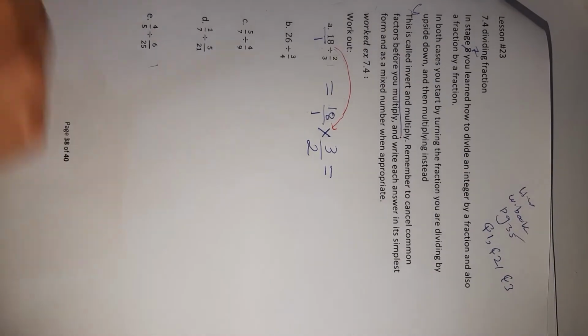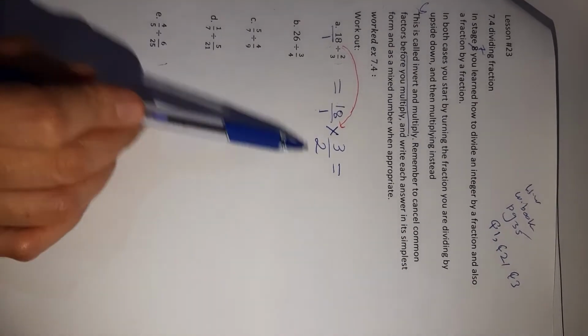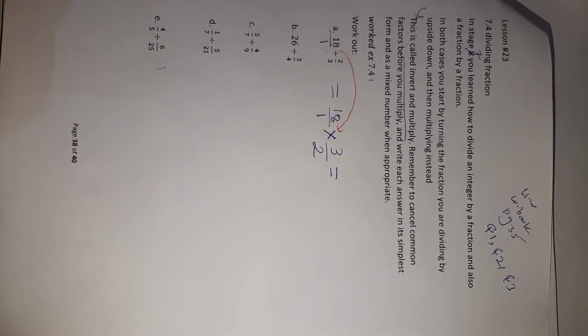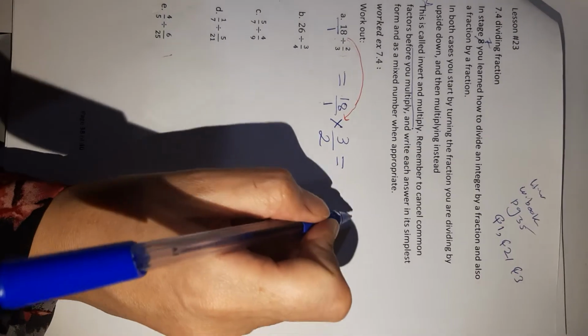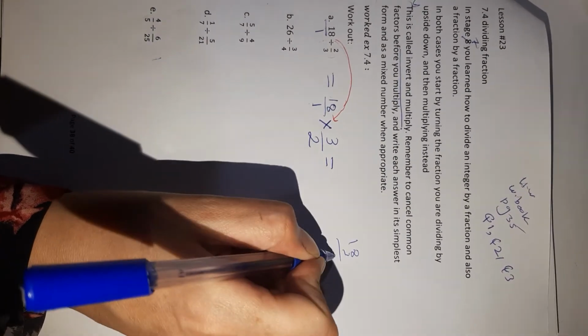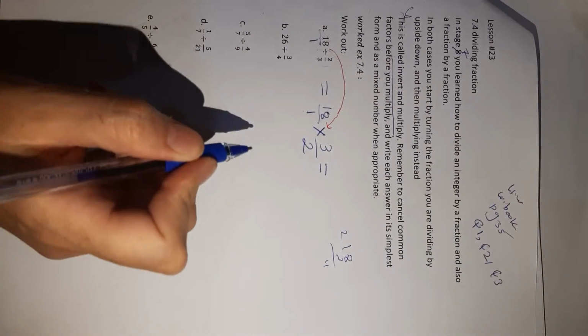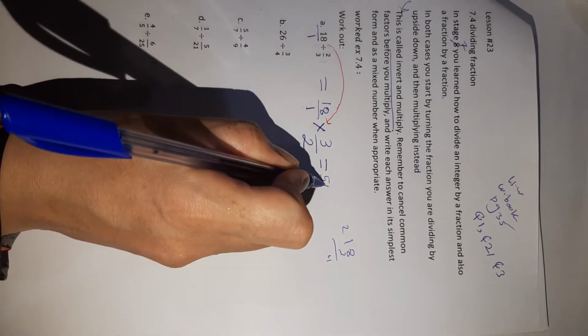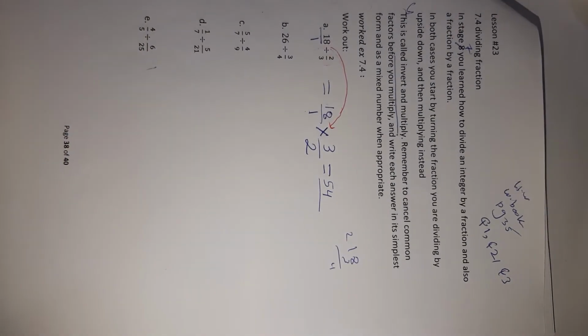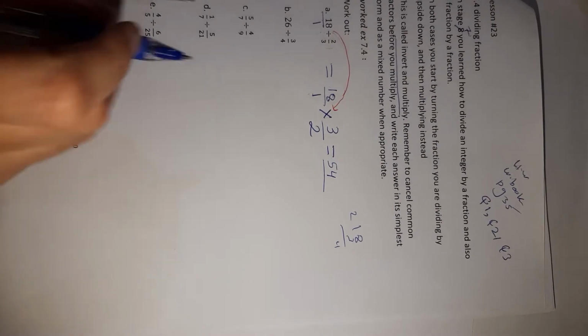Normally multiply the numerators, then multiply denominators. 18 times 3 is 54. 1 times 2 is 2.